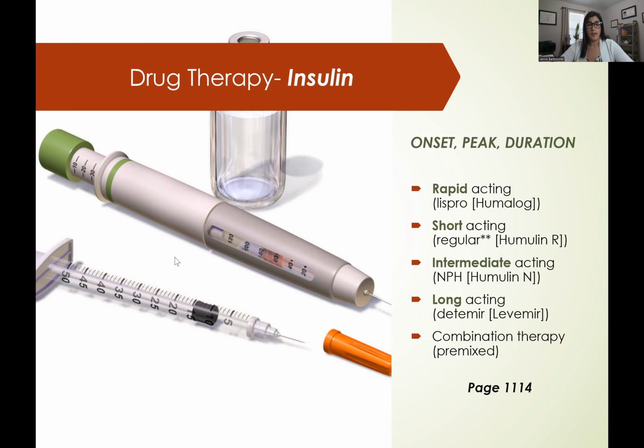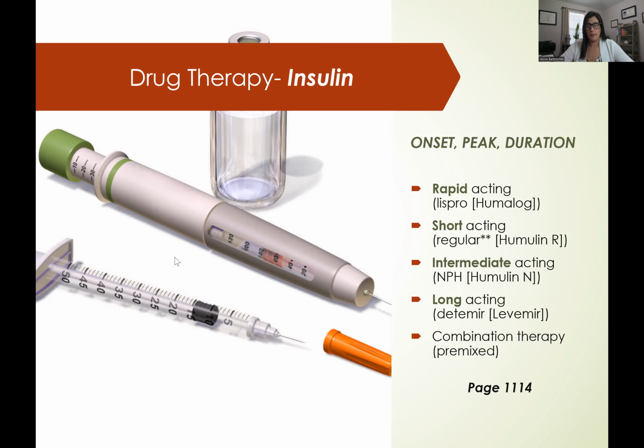Now, the next thing I need you to separate is the onset, peak, and duration of each insulin. What is the onset? A lot of people get confused with this, so let me clarify. The onset is when the insulin starts working. Ask yourself, when is this insulin going to kick in and start working? That's the onset.